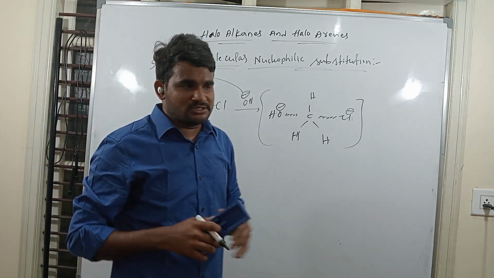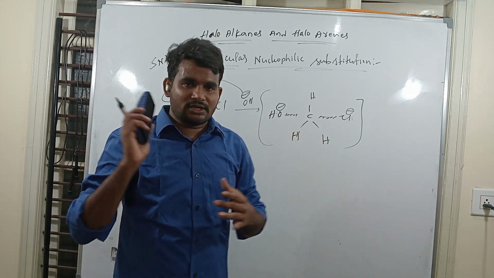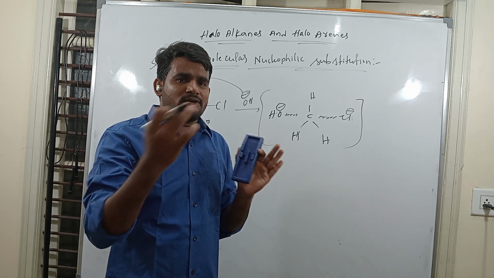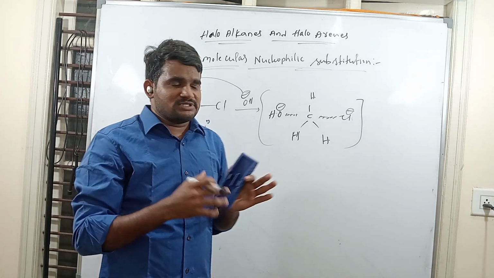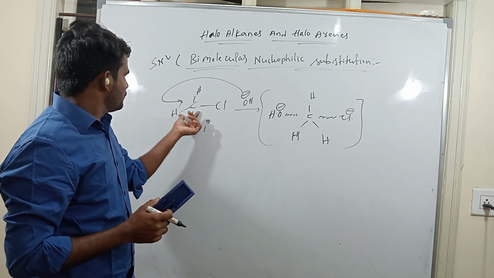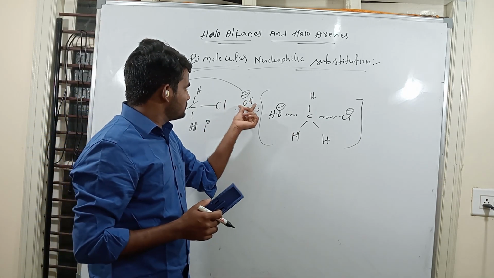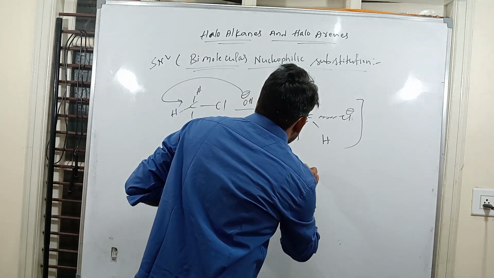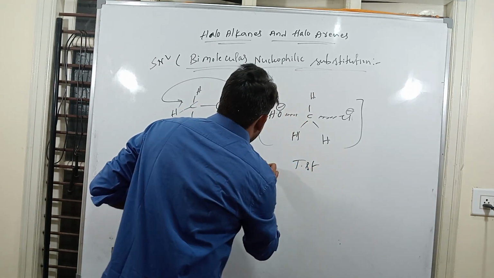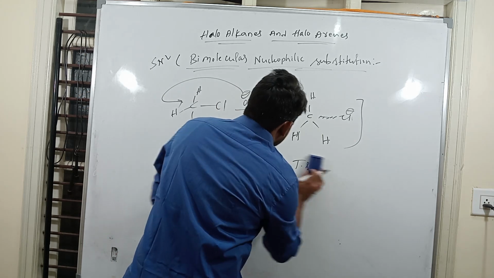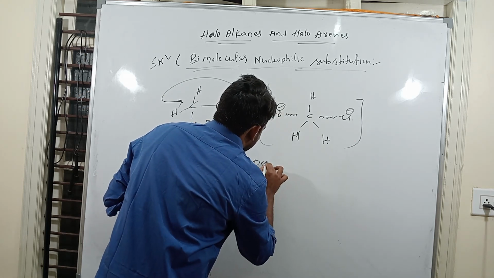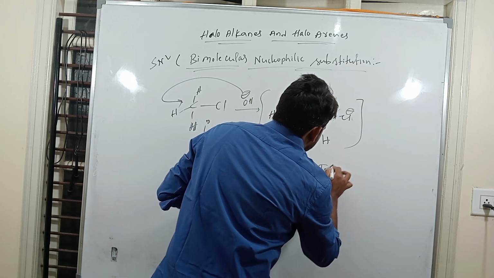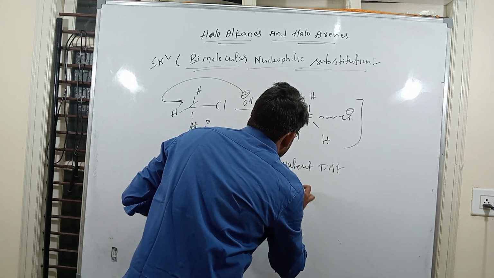More substituted groups donate electrons towards the carbon, so the carbon has electron density around it, and chlorine has lone pairs, so electron repulsion is there. Here there are no donating groups around the carbon. So that's why the nucleophile attacks the back side to form a pentavalent transition state.